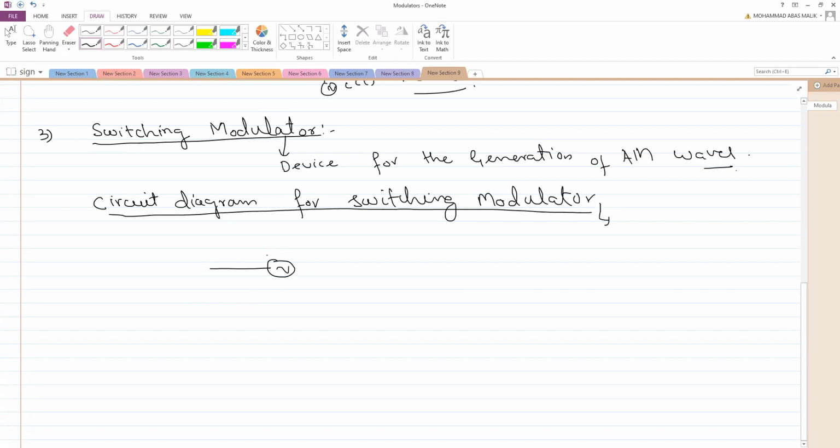Obviously, this is a voltage source. You can say that here is an oscillator which we call cos of omega_c t, and this is another voltage source. You can say that this is m of t. You can consider this as x of t, b of t, whatever. So this is your baseband signal, message signal, and this will be the carrier signal generated from here. And then you require, because in the switching modulator we are using the diode here. So this is a diode, and obviously this is a nonlinear device, right? Got it?